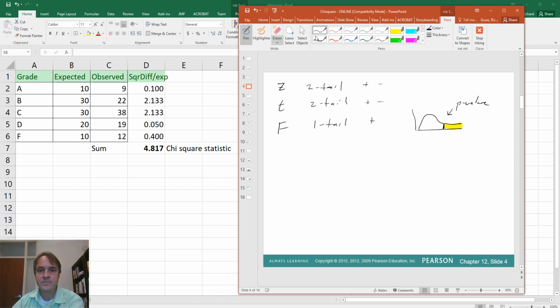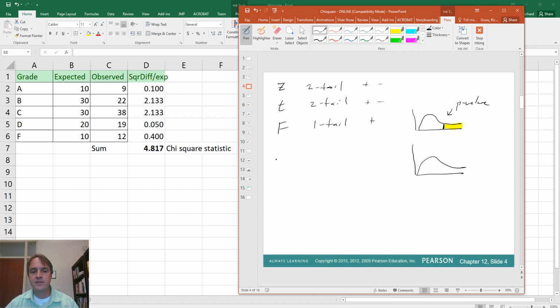Once again, we've got a situation where we're interested in a distribution like this, which is only positive, but it's not going to have this particular shape. Now, it turns out that the F statistic actually derives from the ratio of certain non-negative variables.